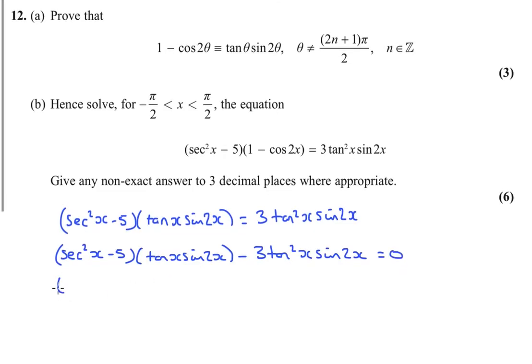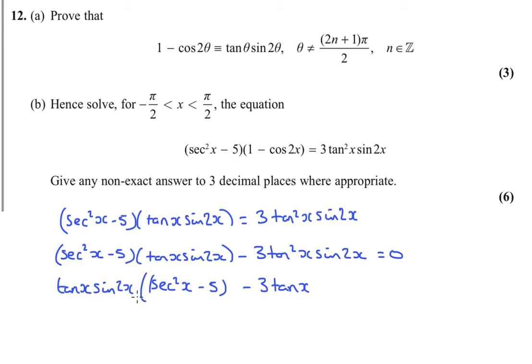So when we take out the tan x sine 2x, from here, this term, I'm going to get sec squared x take 5 because if you times those two things together, you get this. When I take out a tan x sine 2x from here, I'm going to be left with minus 3 tan x.